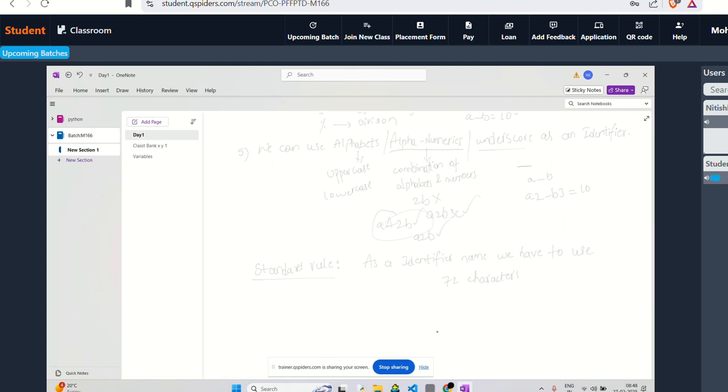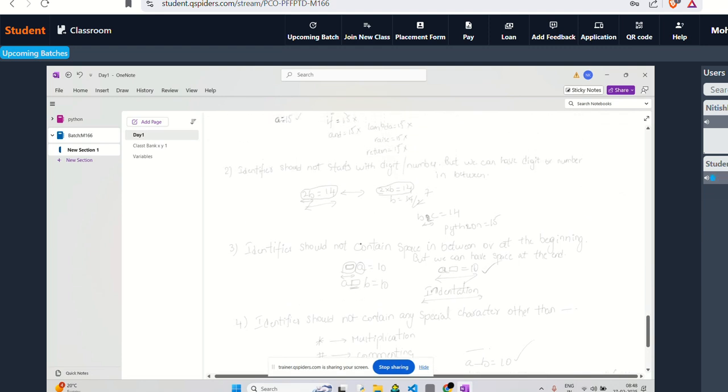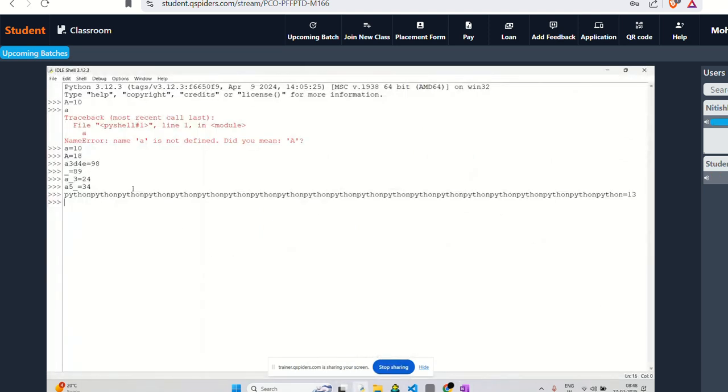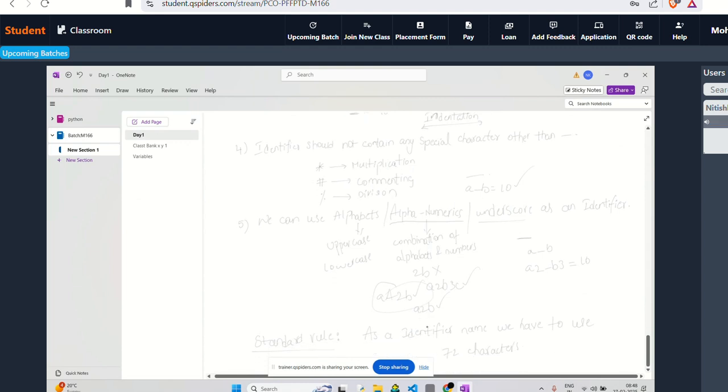Sir, in the second rule, identifiers should not start with a digit or number, but we can have a number in between, right, sir? Yeah. And we can have a number at the end also, sir. Yeah. See, here I took a number at the end only, right? I just had a doubt on that. Okay, thank you. Take these last two points.